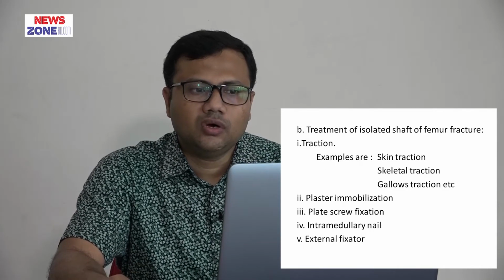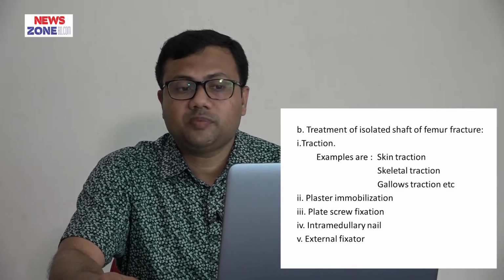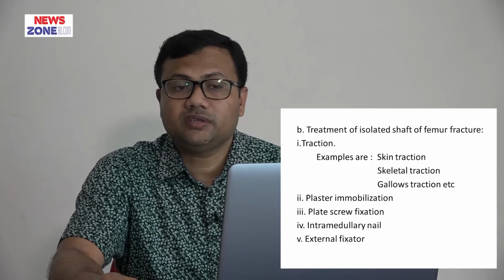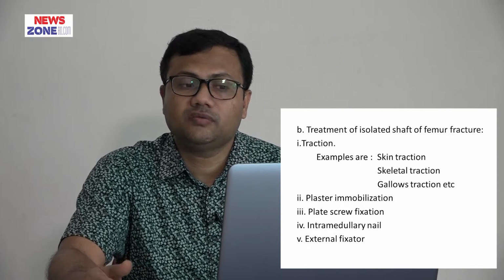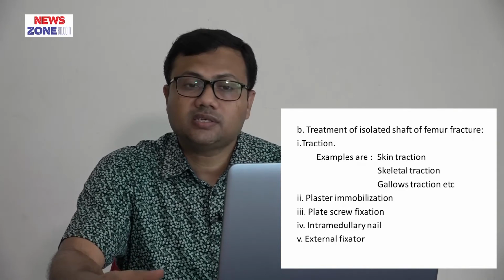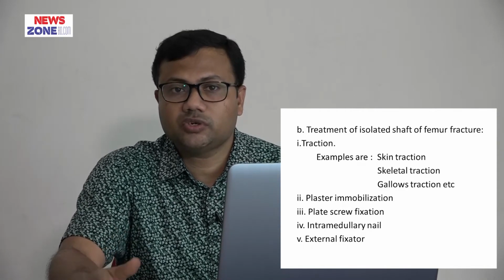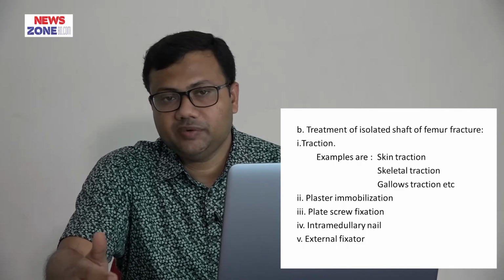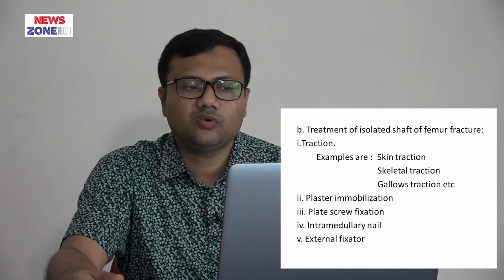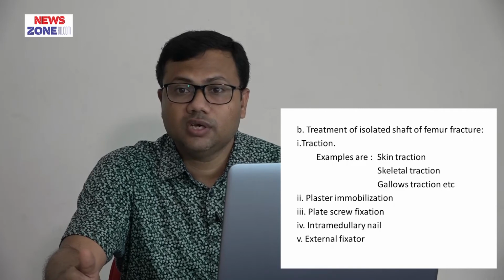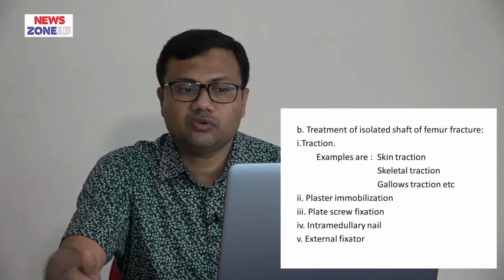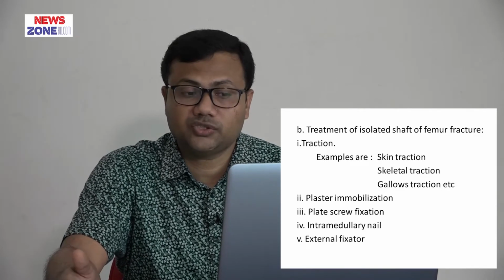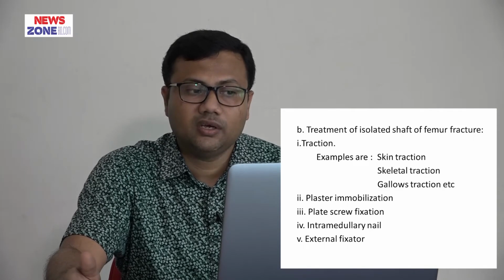Now, treatment of isolated shaft of femur fracture, or what are the fracture management options for the shaft of femur. There are some treatment modalities for different patients. First of all, we can give traction. Traction may be skin traction, skeletal traction or gallows traction, etc. Okay.